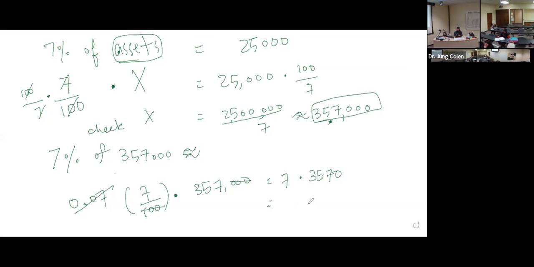So we have 7 times 3,570, and I have 24,990. Very close, isn't it? So our answer should be right because we approximated it here. We good? Okay, any questions? Okay, good, good. All right.